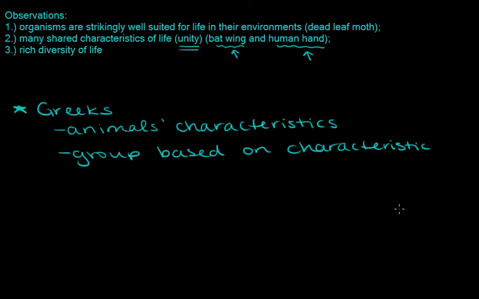This was the first way that we were able to organize animals into distinct clusters. So this is how we have horses compared to cows. They have different characteristics, even though they both walk on 4 legs and structurally they're very similar, but there are also dissimilarities. The Greeks were the first to do that.